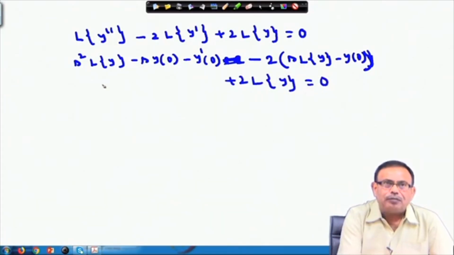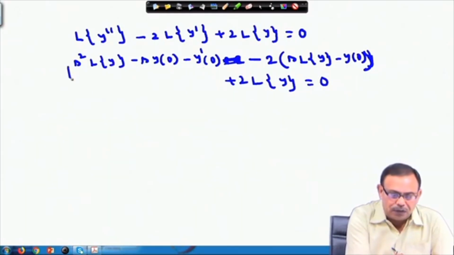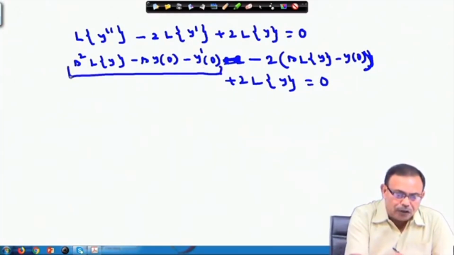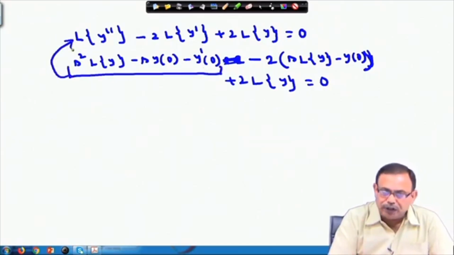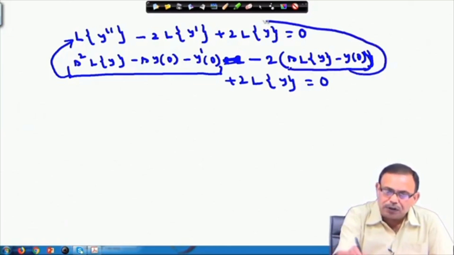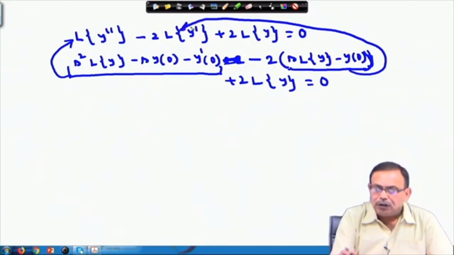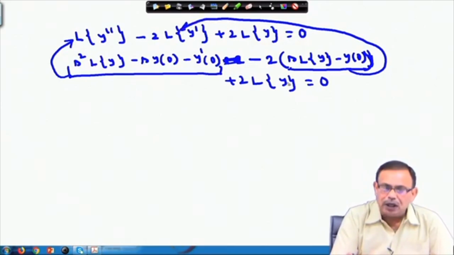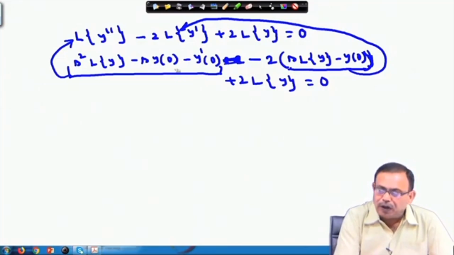So, what am I getting? s square Laplace transform of y minus s y 0 minus y dash 0. This term is for Laplace transform of y double dash, the next term is for Laplace transform of y dash, and this is twice Laplace transform of y. Now, I know the values of y 0, y dash 0.